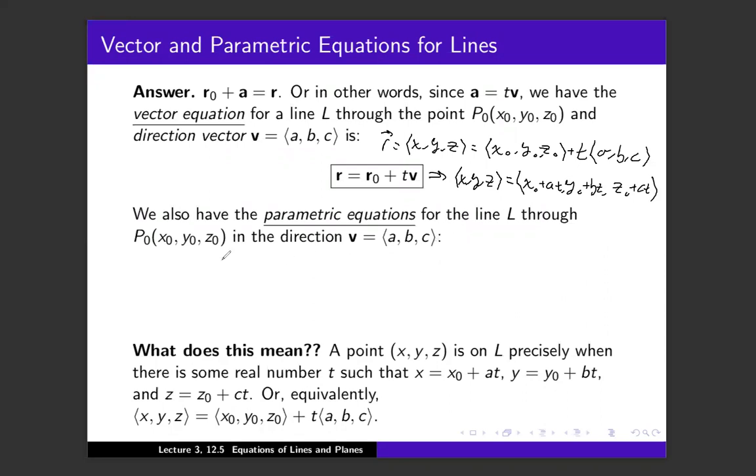In coordinates, if we break up all those coordinates, we get what are called the parametric equations. x is x naught plus at, y is y naught plus bt, z is z naught plus ct.